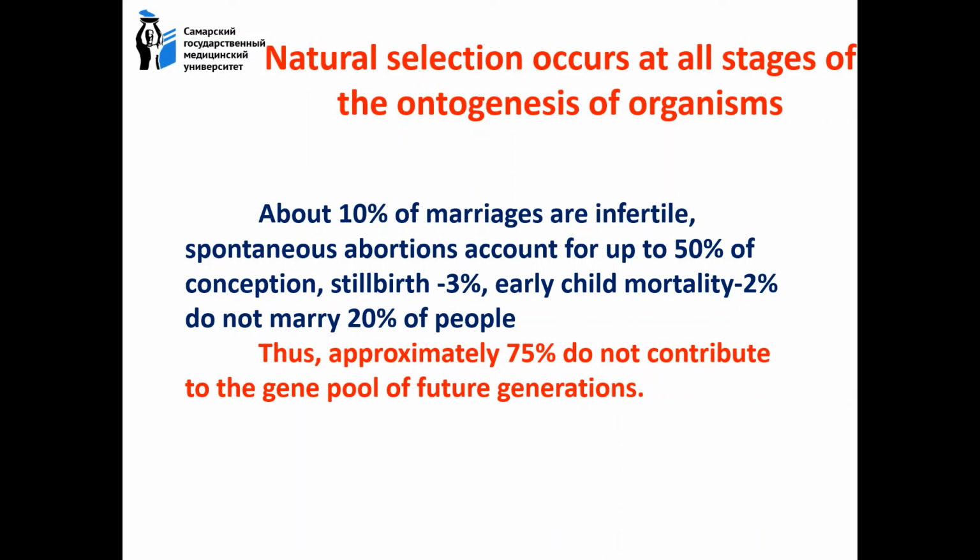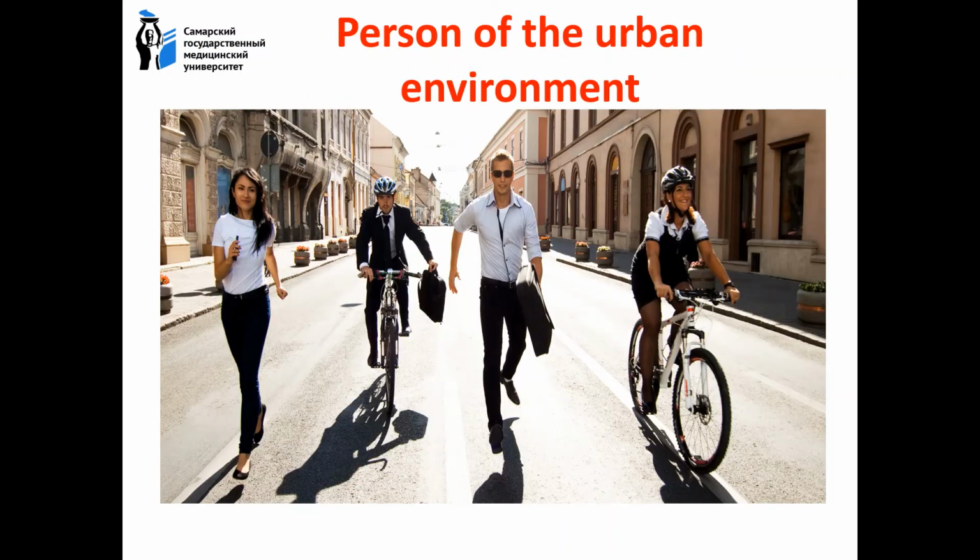People with these types have specific biochemical and morphophysiological features which help them adapt to the environment. Nowadays, we have a new type of human, a person of the urban environment. There are many people who live in modern conditions of constant stress and a high pace of life, and they need to and try to adapt to it.